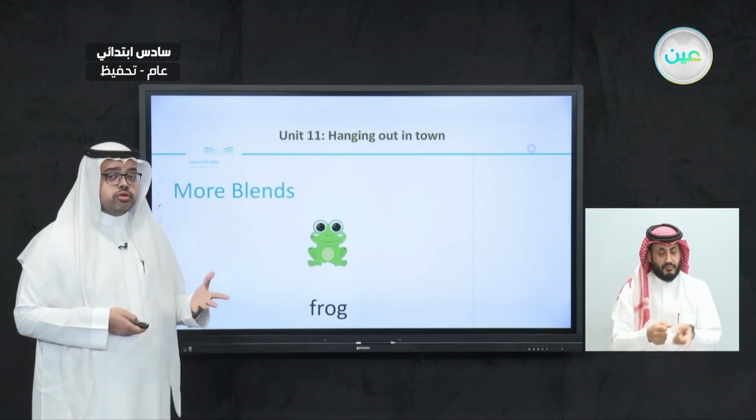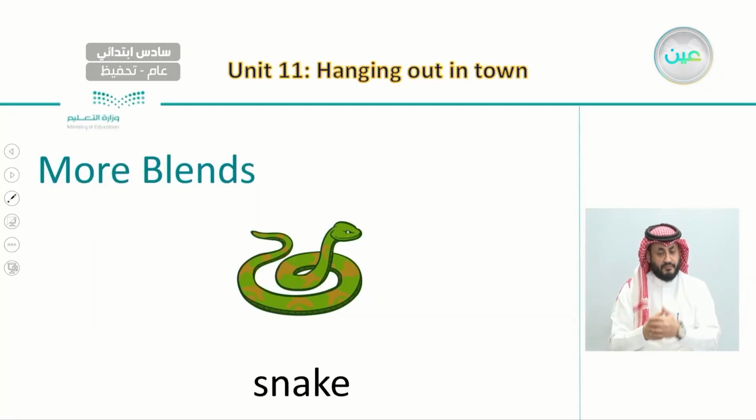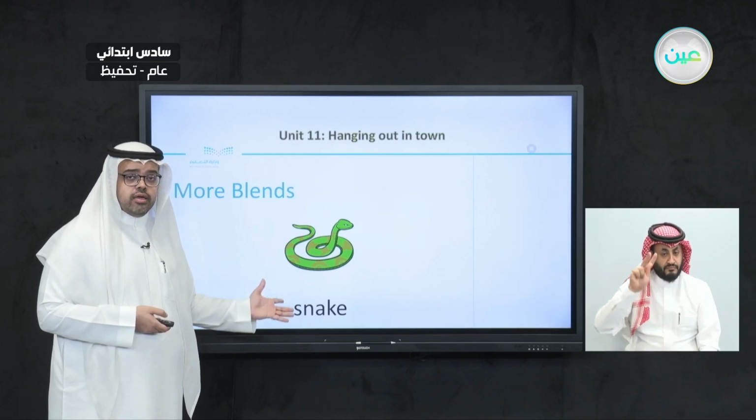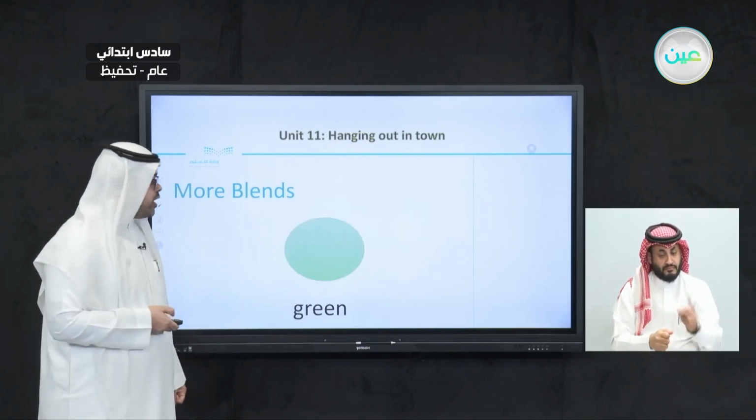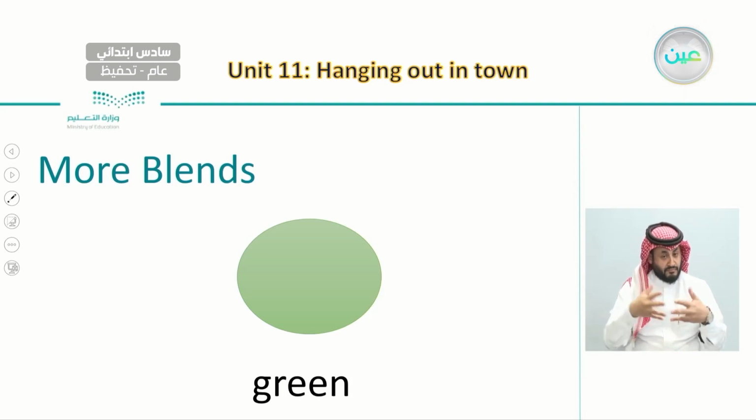Also, the third blend we have starts with S and N, for words like snake, snake. And also, we have another blend that starts with G and R, for words like green, green.